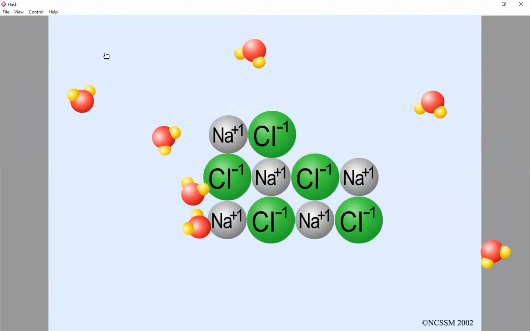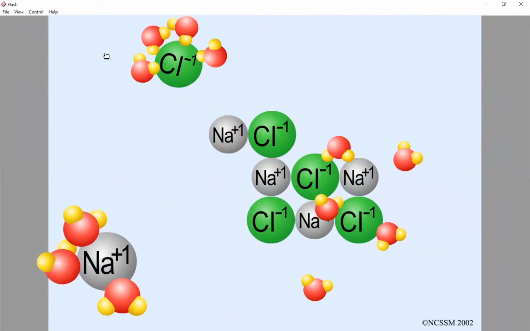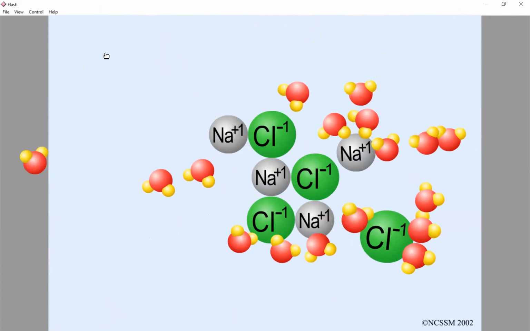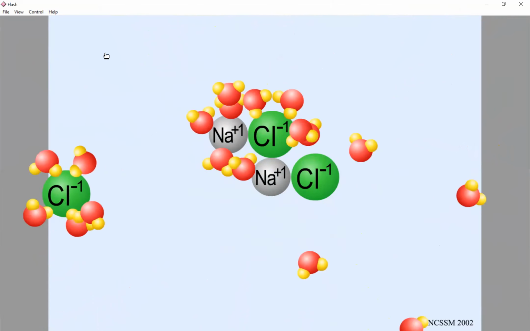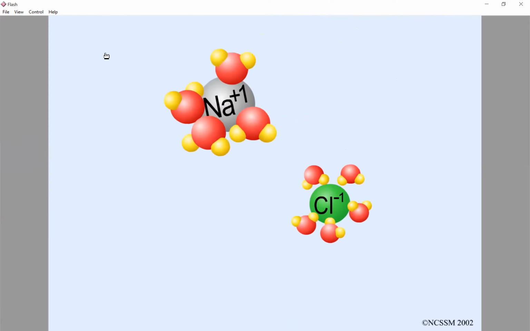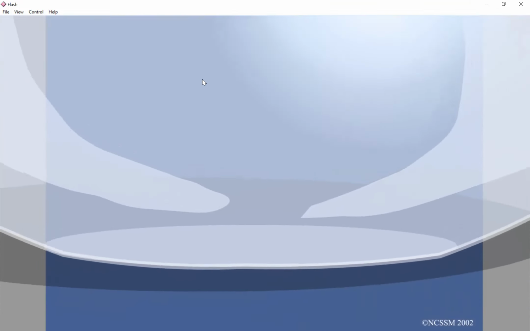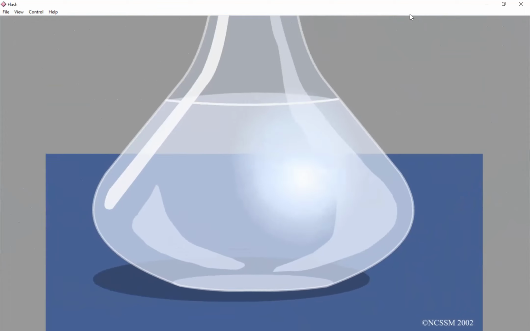And what happens is these water molecules surround the ions, and the attraction is so great between the ions and the water molecule that the ions get pulled apart. Now, why is there this attraction? It relates back to the last unit: water is a polar molecule. There is a partial charge, and as a result, it is able to be attracted to a positive or negative ion.